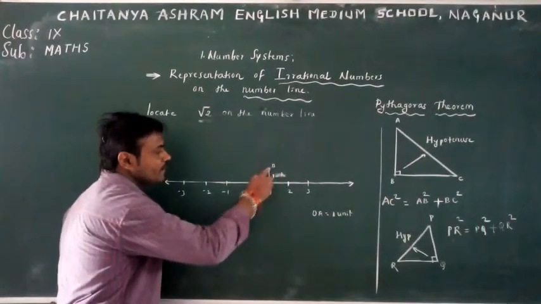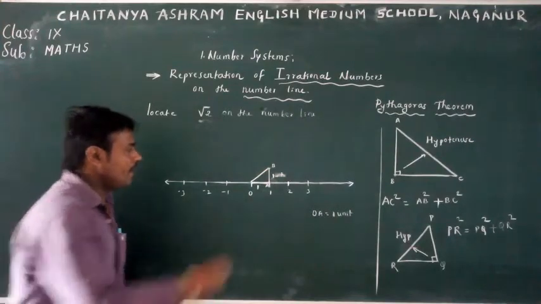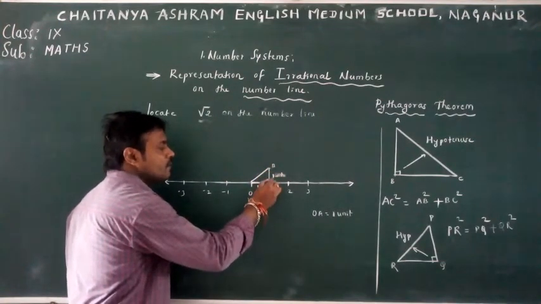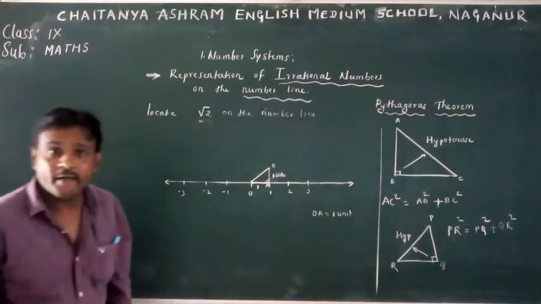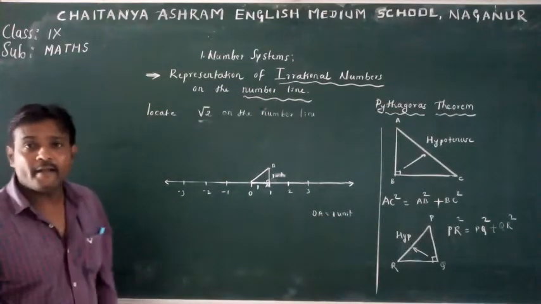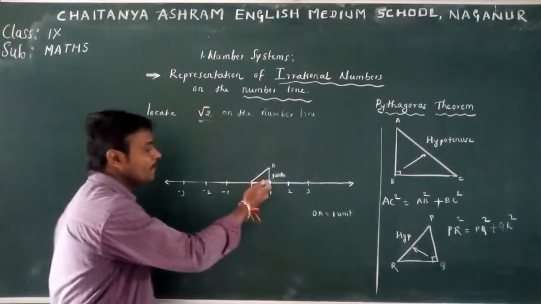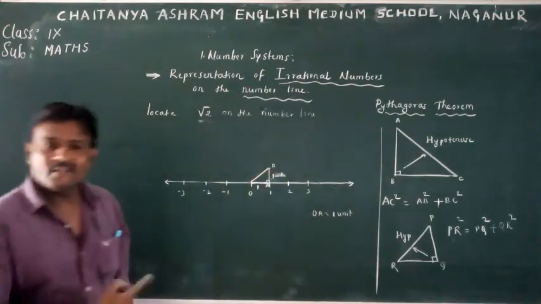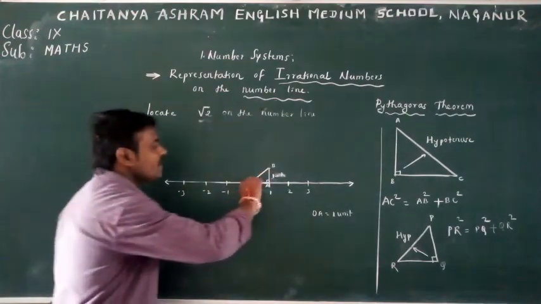Here I drew a perpendicular from A, so the angle is 90 degrees. Then which type of triangle is it? A right angled triangle, because here the perpendicular is there. So this is a right angled triangle. Then what is the length of OB?